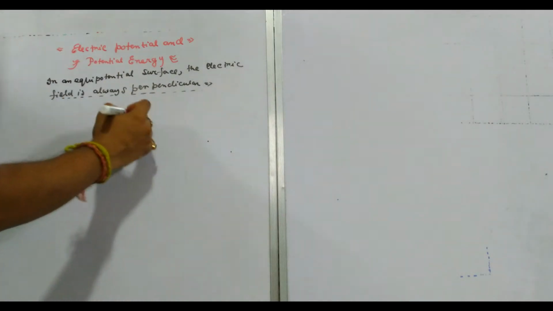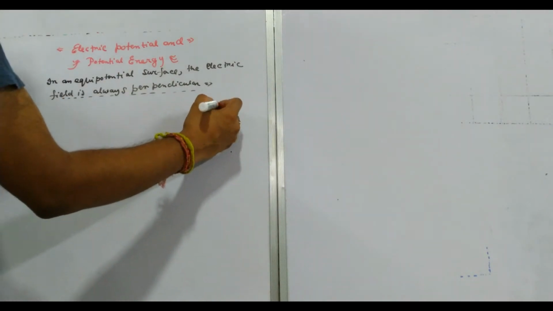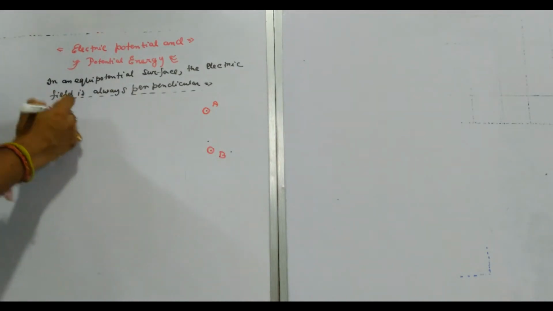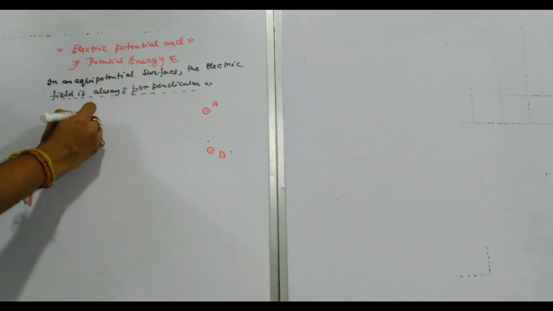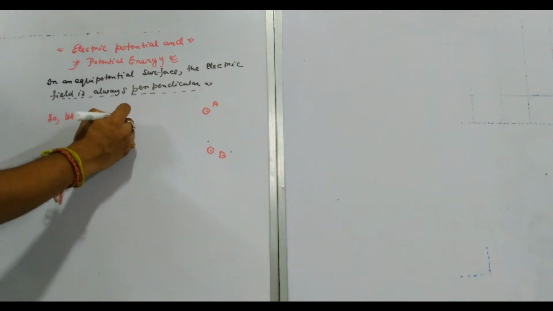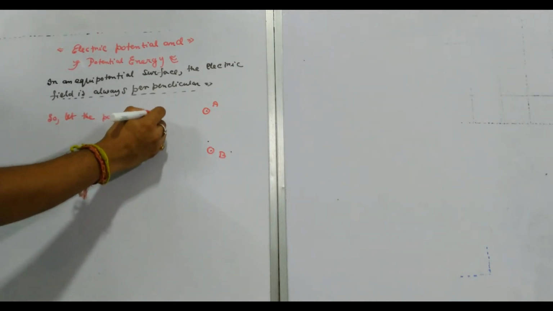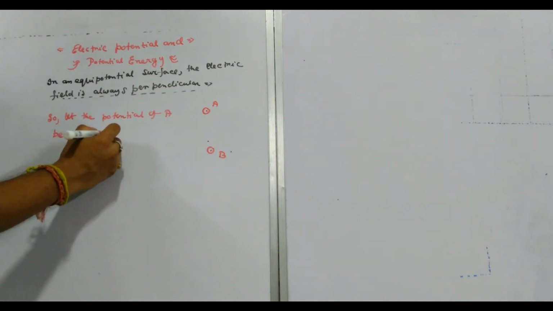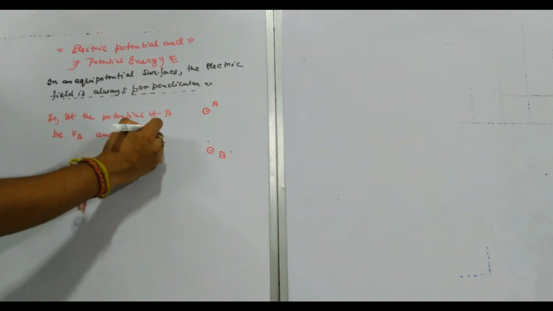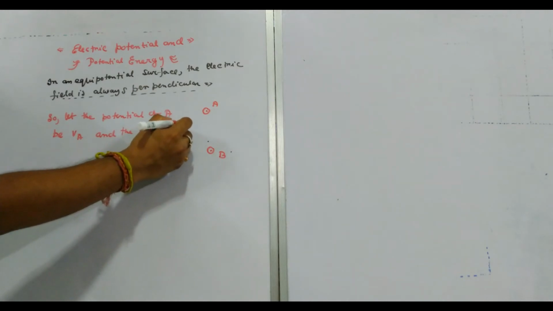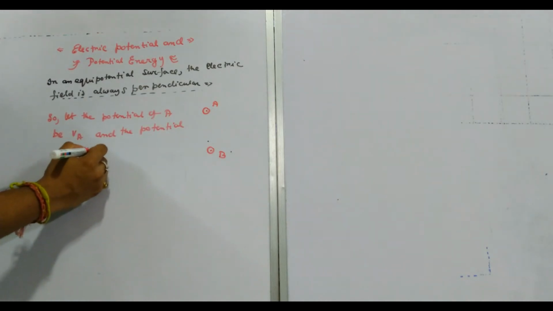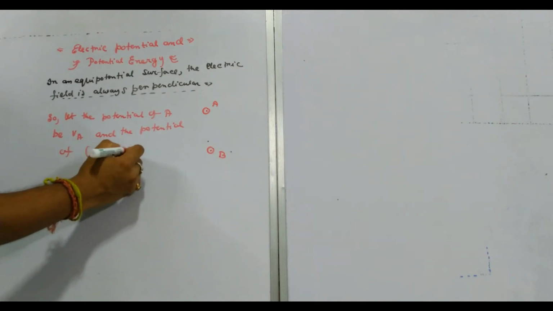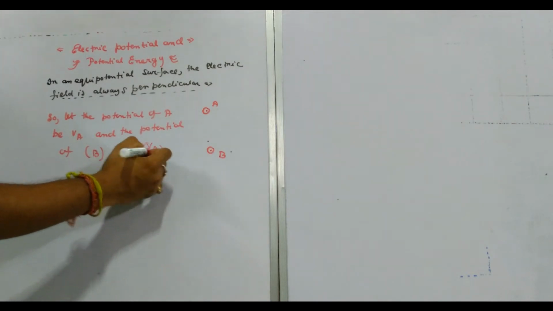Right. Imagine that we have 2 points, that is A and B. So, let the potential of A be VA and the potential of B be VB. Clear?